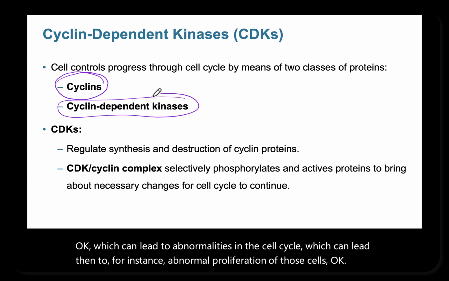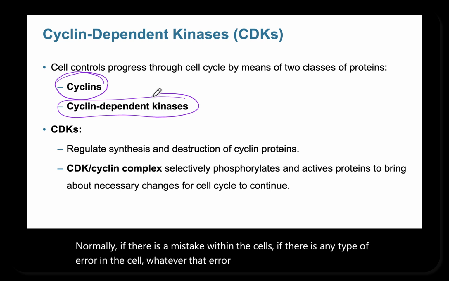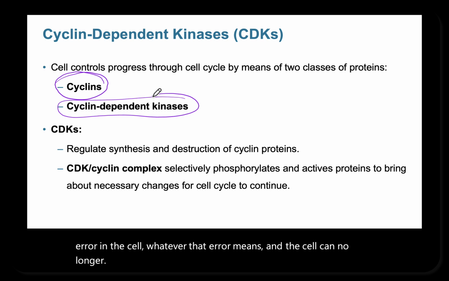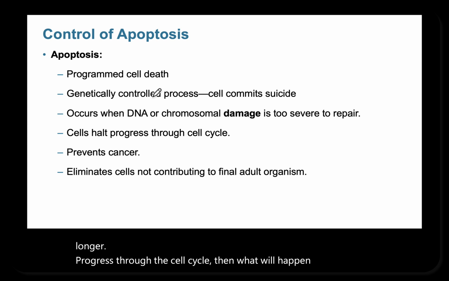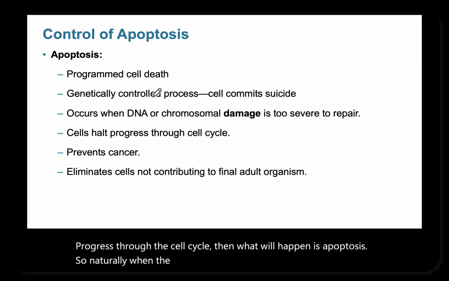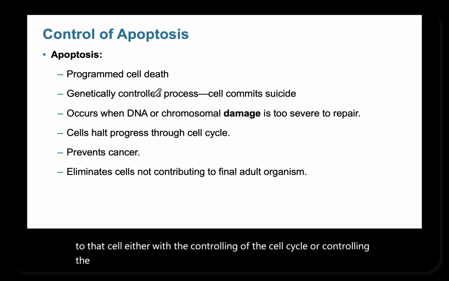Normally, if there is a mistake within that cell, if there is any type of error in the cell, whatever that error means, and the cell can no longer progress through the cell cycle, then what will happen is apoptosis. So naturally, when the cell is too damaged, there is so much damage to that cell, either with the controlling of the cell cycle or controlling the DNA repair, it doesn't matter.